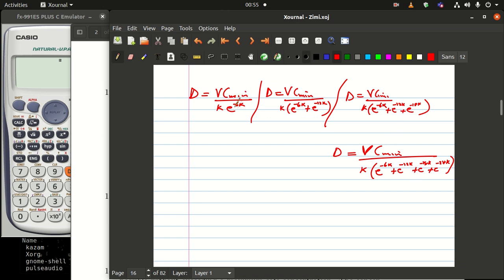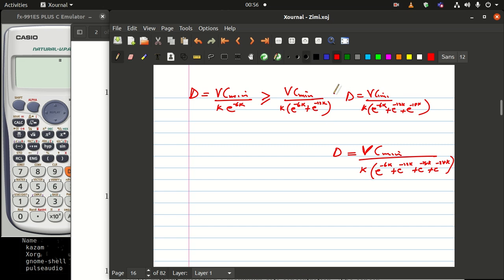So this one is smaller, which means this value is bigger. So the inequality goes this way, because this one is smaller, therefore this whole thing is going to be bigger.